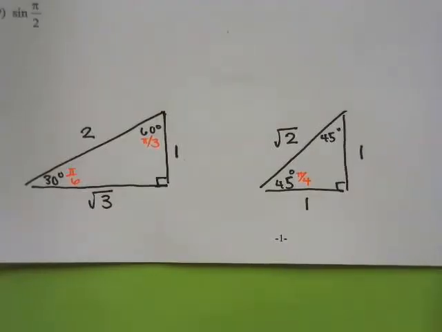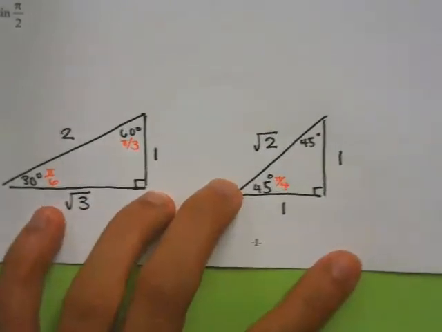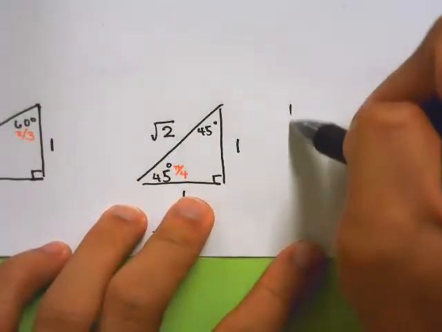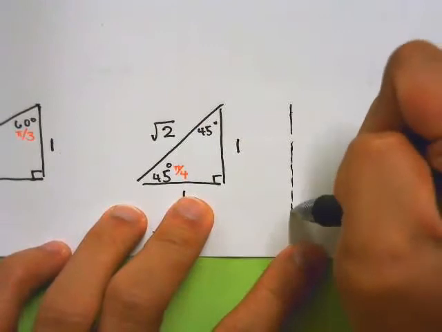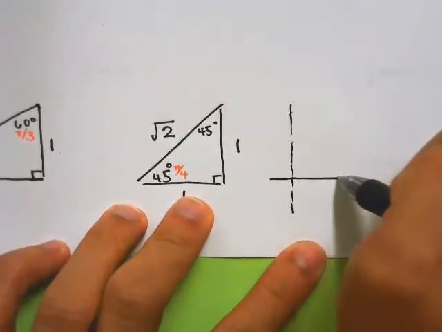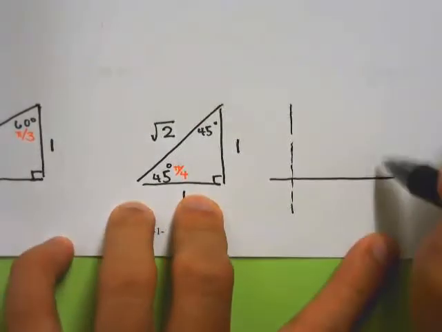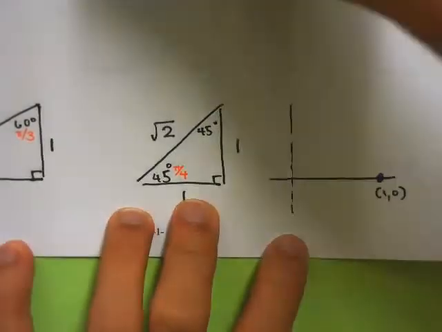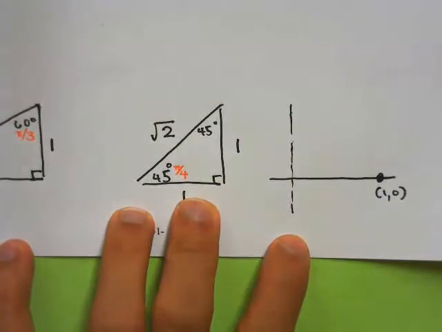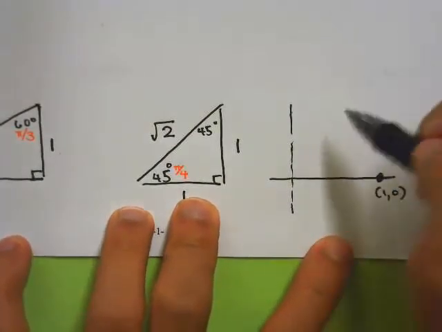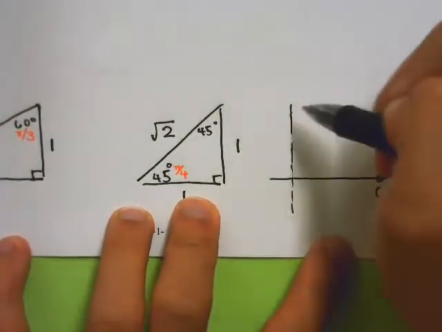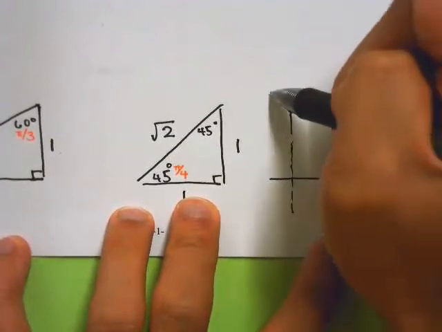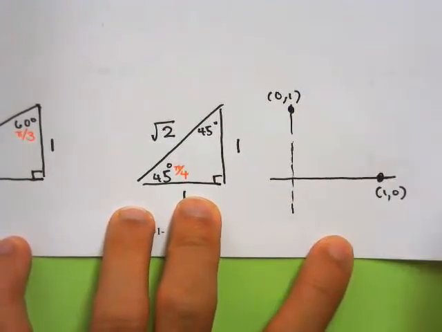Okay, I'm also going to draw a portion of the unit circle, and don't worry, I'll give you guys the whole thing, and then this is 1, 0 here. And this is 0, 1.